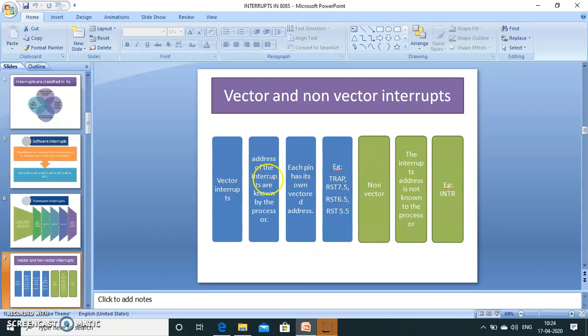That is, the addresses of the interrupts are known by the microprocessor, and each pin has its own vector address. Here TRAP, RST 7.5, 6.5 and 5.5 are vectored interrupts. In the case of a non-vectored interrupt, the interrupt does not have any fixed vector address. An example is INTR.